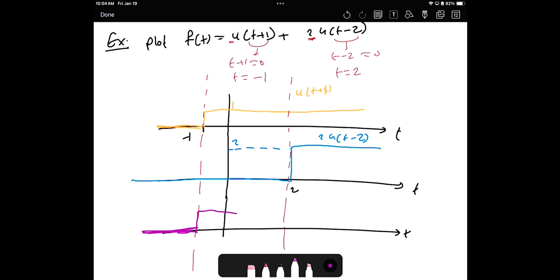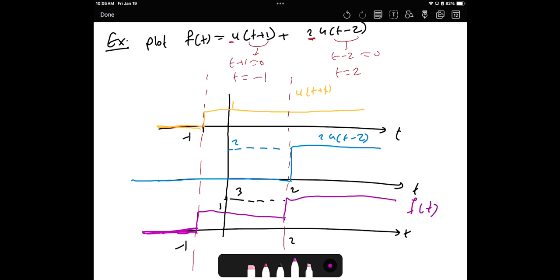So it will be 1 during this period. Here again, this is negative 1, this is 2. After 2, with u of t plus 1 there's 1, and with the second term, 2 u of t minus 2, there's 2. So 1 plus 2 equals 3. It will go up to 3, then continue. This is 2. And this is the plot of f of t.